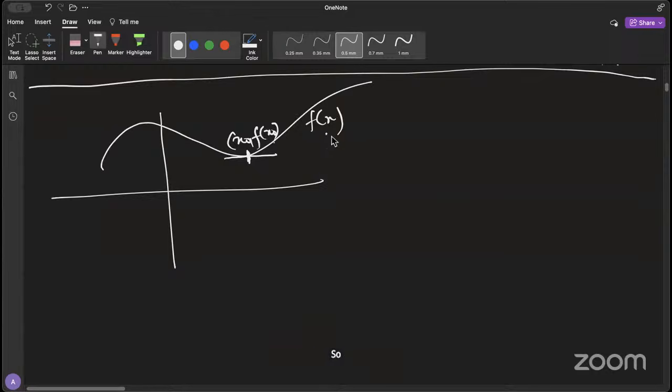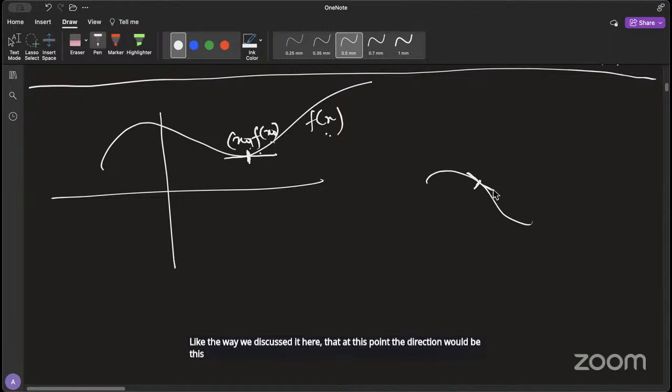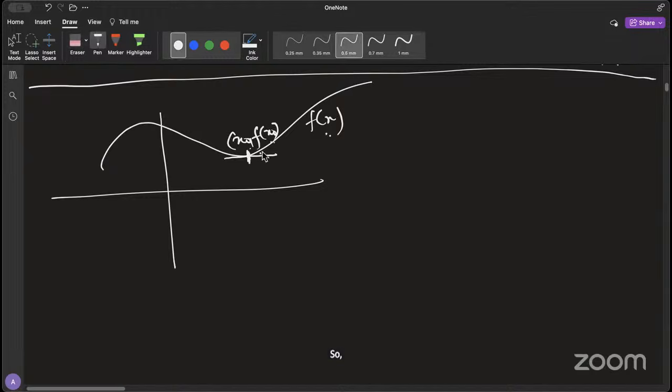So a tangent to a curve f(x) at point (x0, f(x0)) is a line that gives you the direction of the flow of this curve at this given point. So at this given point, your curve is actually like the way we discussed it here, that at this point, the direction would be this. This tangent line is actually giving you the direction of flow at this point. So those are called your tangent lines.